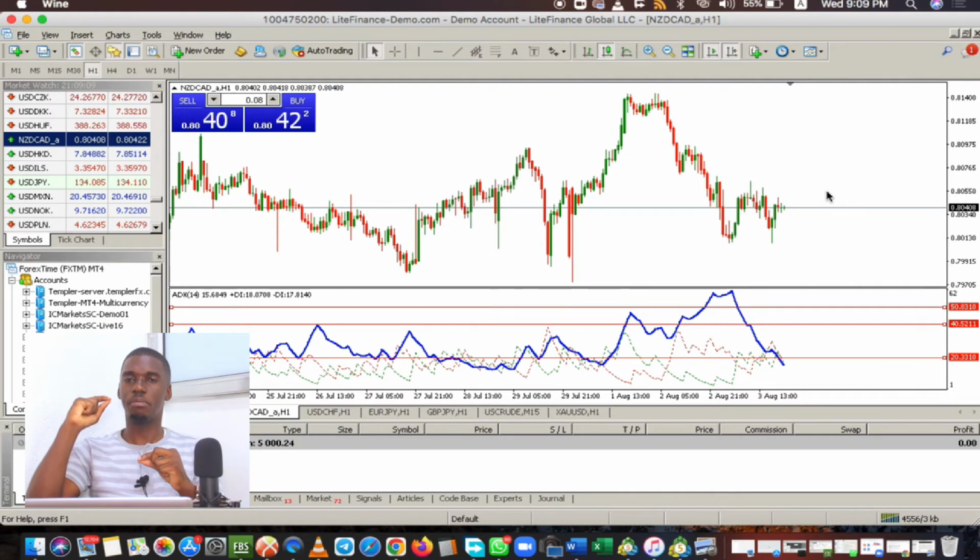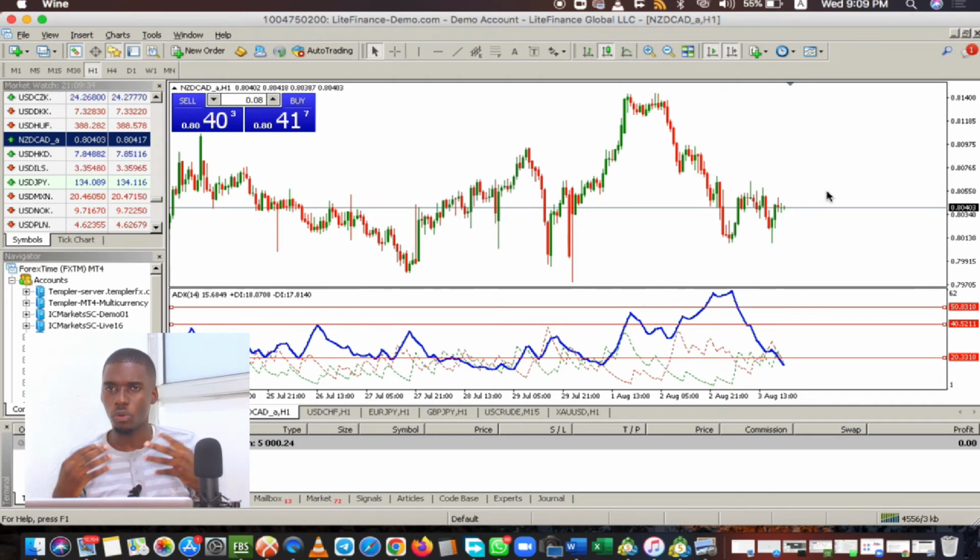Then the moment it crosses 40 and goes upwards, it means that the trend has enough strength. So between 40 and 50, we see a strong strength with the help of the ADX.